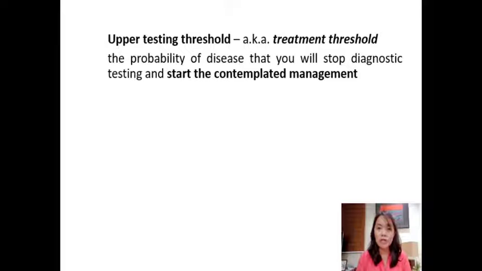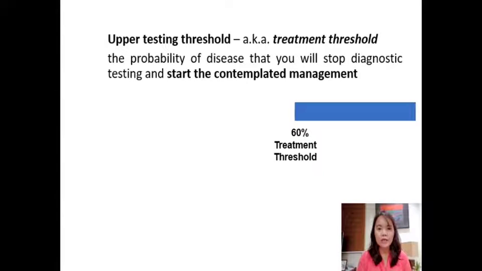So imagine a line from 0 to 100, and for instance, you set your treatment threshold at 60%. If the probability of the disease that you are considering for your patient falls anywhere to the right of 60%, then you will decide not to do any diagnostic testing but proceed with treatment immediately.